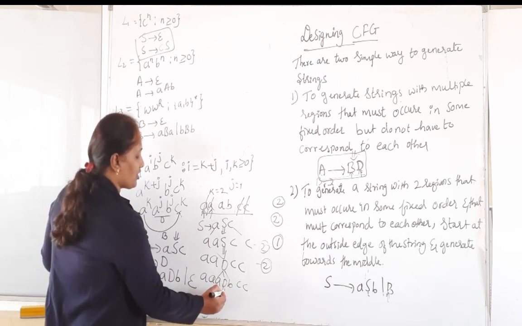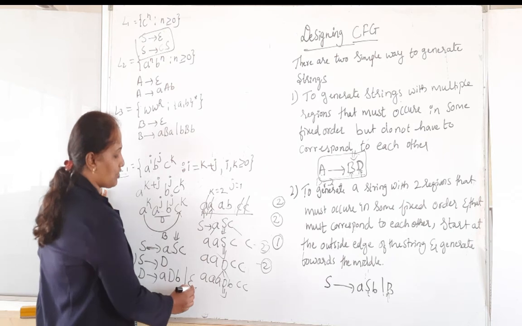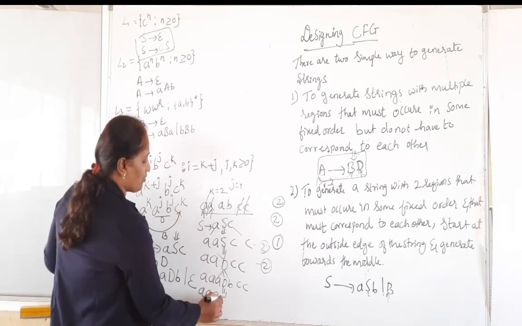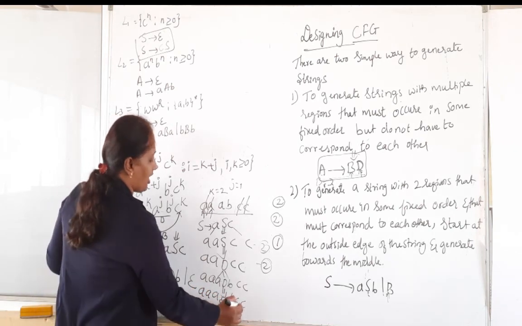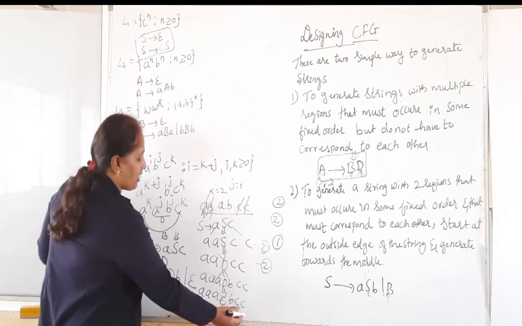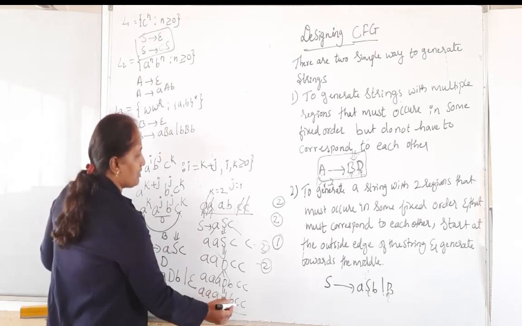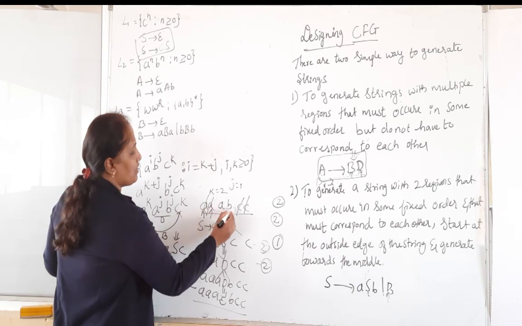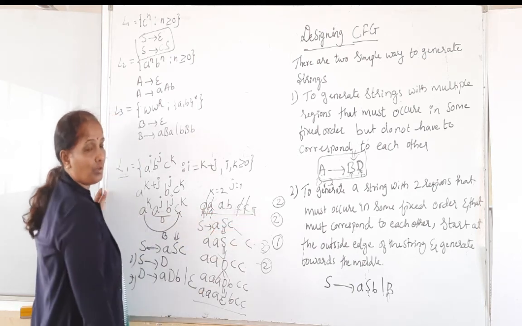At the next iteration, using the D produces epsilon rule, I substitute epsilon for this D, and the remaining thing I write as it is. So at the end what I get? A A A B C C, which is the same as the input string.